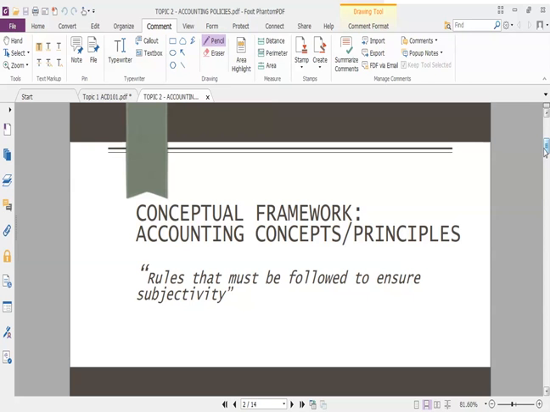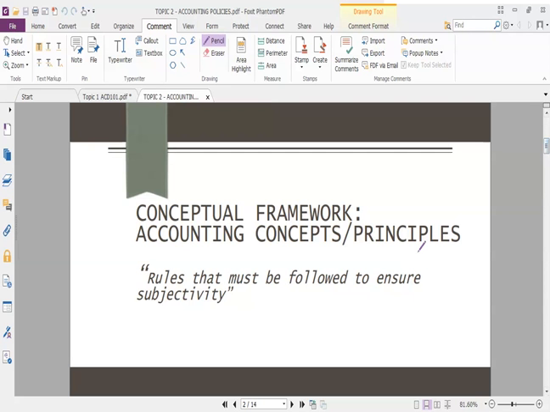The rules in accounting must be followed to ensure objectivity. This means that accounting practice in Malaysia must be the same as accounting practices all over the world. That is the objectivity.